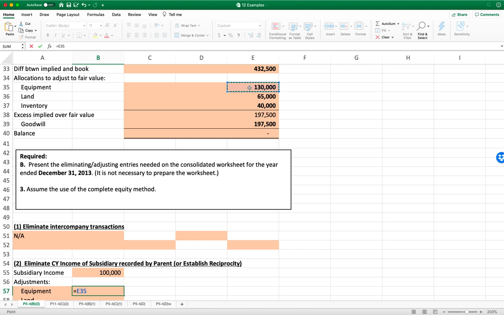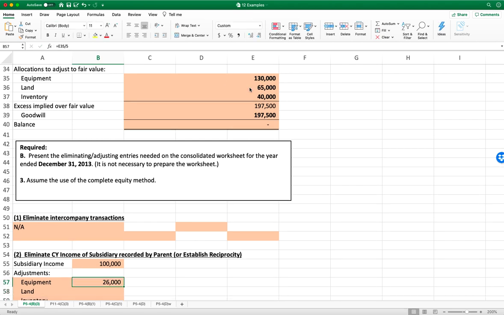So we say that the equipment is worth $130,000 more than what the subsidiary thinks it's worth. So the subsidiary isn't depreciating this amount. So we're going to need to do that for them when we record income from them and on our eliminating entries. So we're going to take this amount and divide by 5, and that's going to be our extra depreciation. So that's going to decrease net income. So I'm going to add that as a negative.